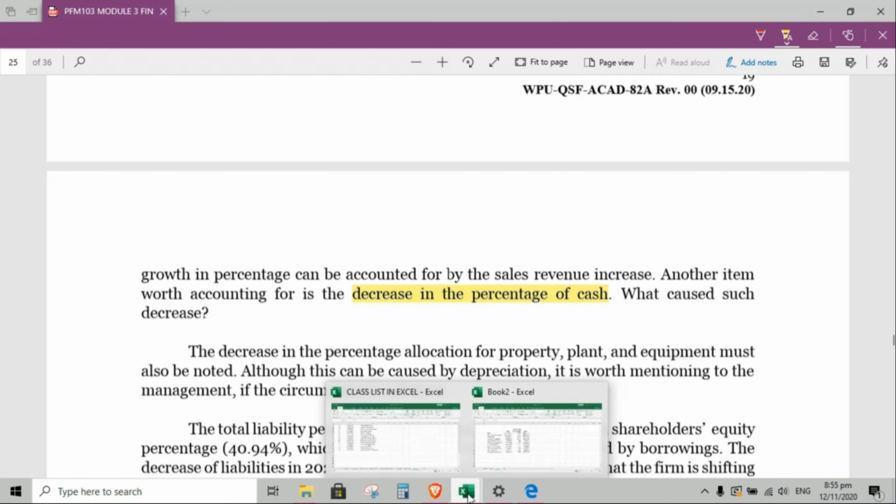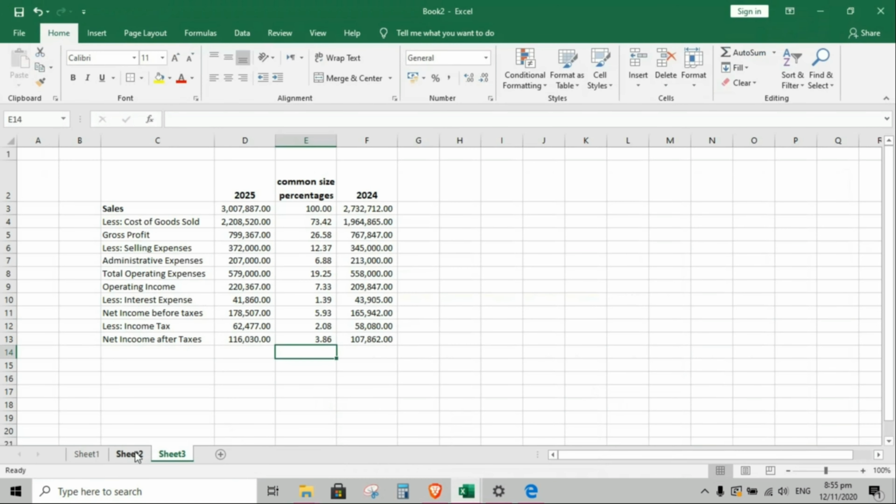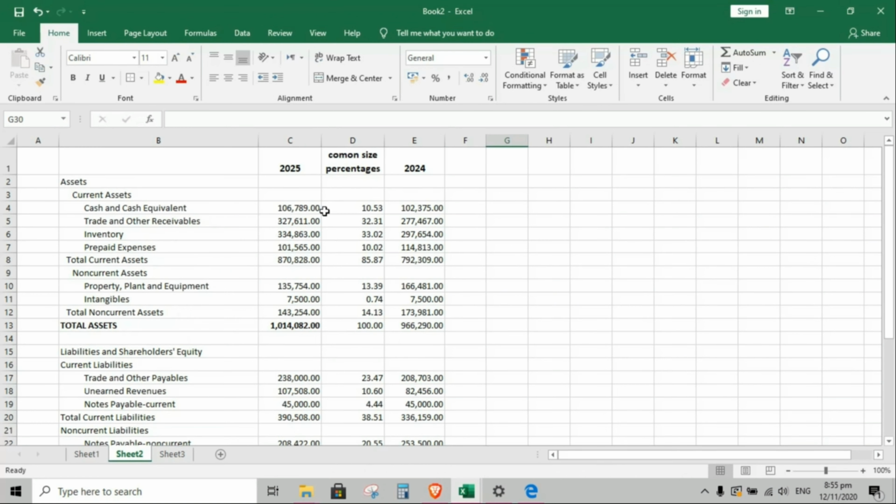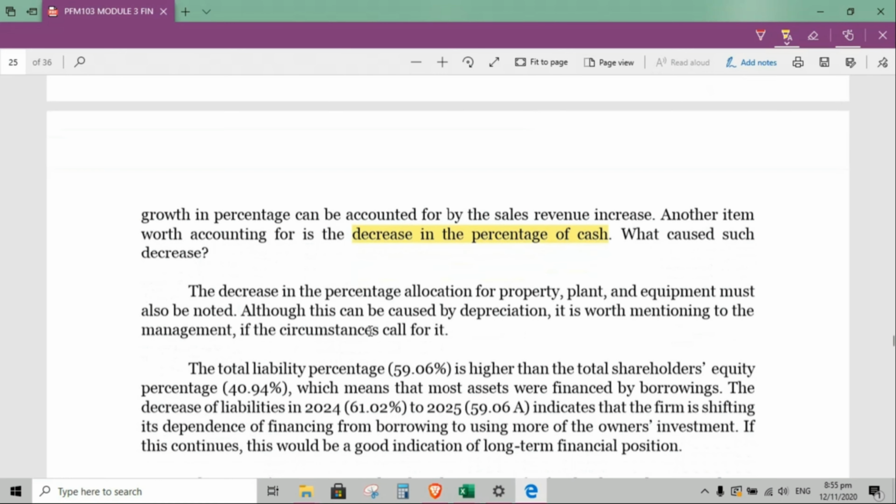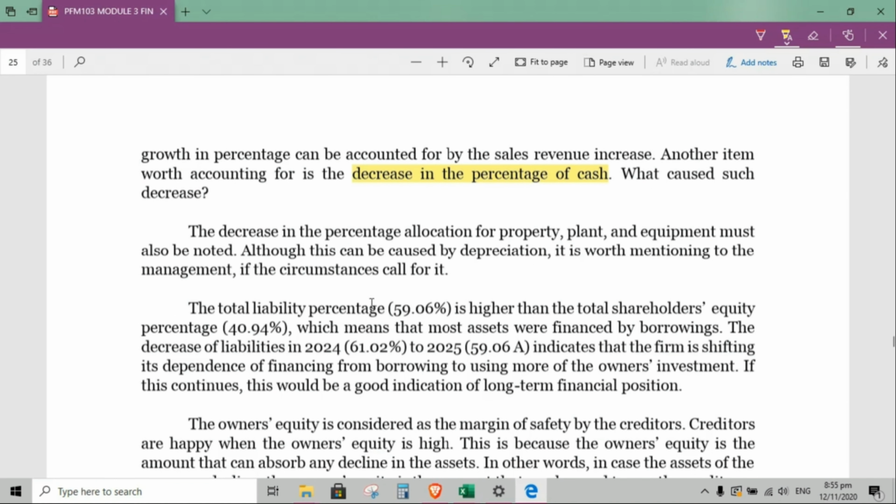So, balik tayo dito sa kanyang balance sheet. Yung cash is only 10.53%. Kung i-compare mo siya dito sa receivables at saka inventory, which is 32 to 33%. Diba? Bakit bumaba yung cash? Ano ba yung ginawa ng company?